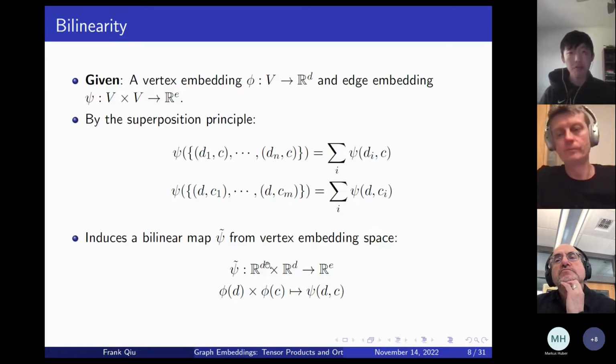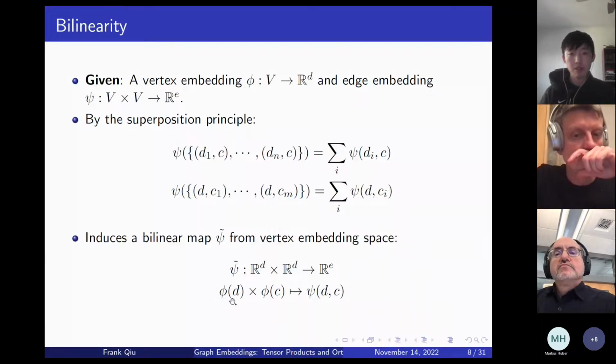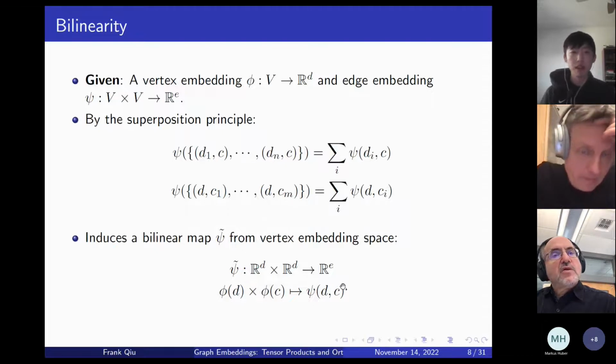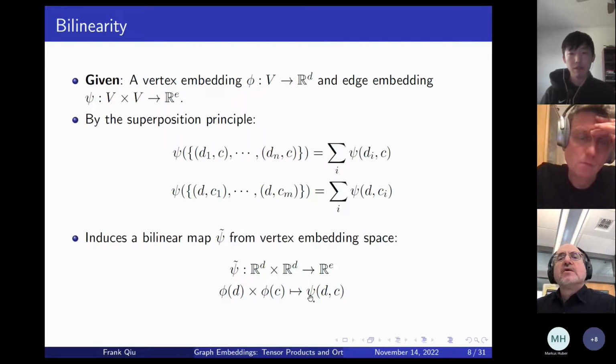And formally, this does induce a bilinear map from the vertex embedding space, where I send this tuple specifically to the resulting edge embedding. And you can show that at least this induces a bilinear map, maybe not from RD, but from the subspace spanned by the vertex code. So assuming it respects superposition, then it does induce a bilinear map.